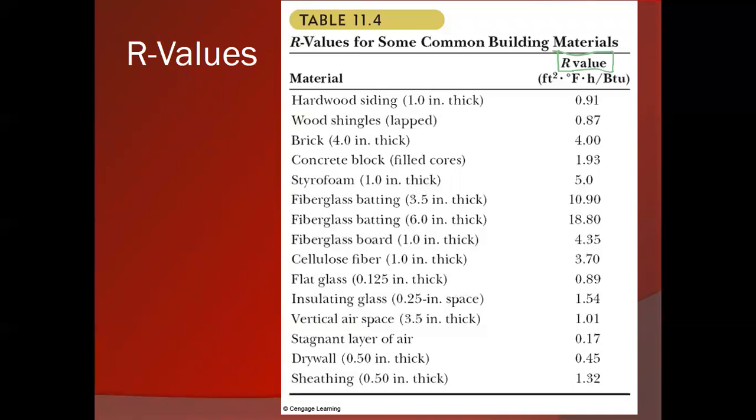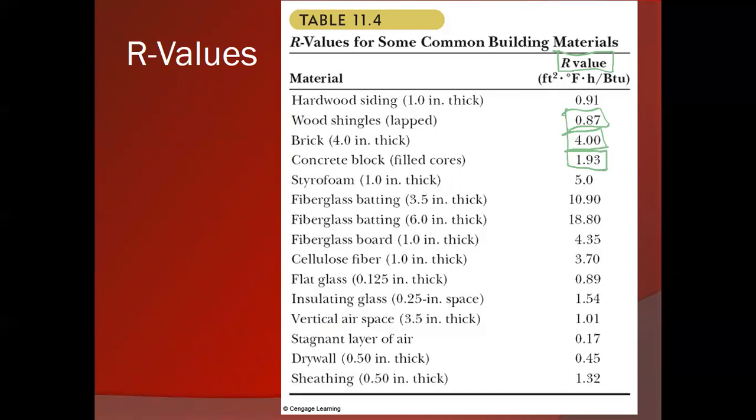So again, if you live in a concrete structure or a brick structure, both of those don't have great R values. Even wood shingles aren't great for keeping the cold out in the winter and keeping the cold in during the summertime.